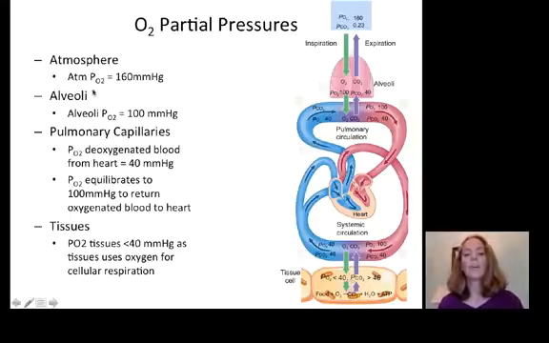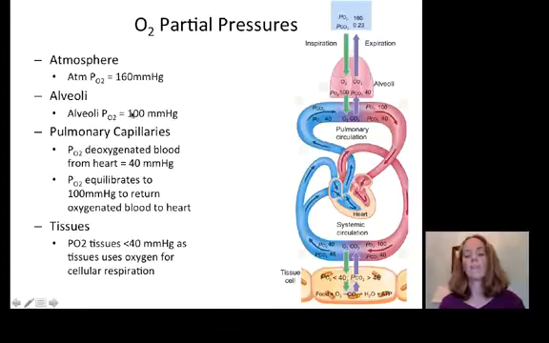Then the pulmonary capillaries are going to come in with deoxygenated blood. That deoxygenated blood is the blood that was coming from the tissues, right? So that deoxygenated blood is going to have a low partial pressure of 40 millimeters of mercury. Now we have a pressure gradient.